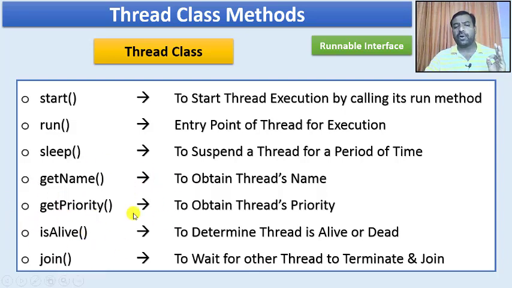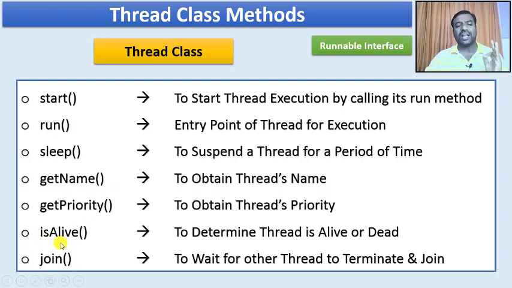But this is what we can get. What is the priority of my thread? And I can even get the name of my thread. As I told you, every thread is going to have a name, and I can check whether the current thread is running or not. That is, whether the thread is still in execution or it has completed the execution and the thread is to be destroyed or has been destroyed.